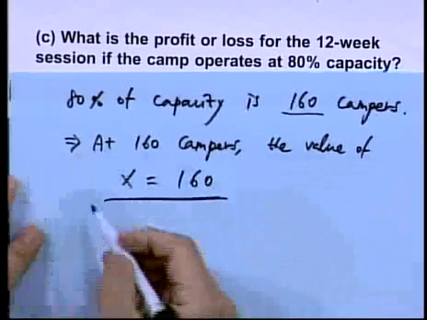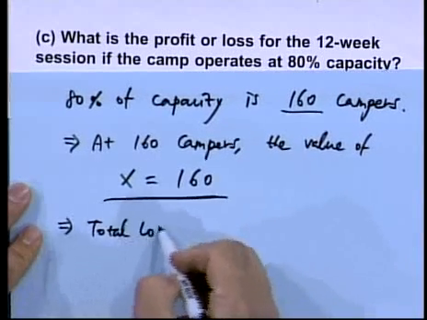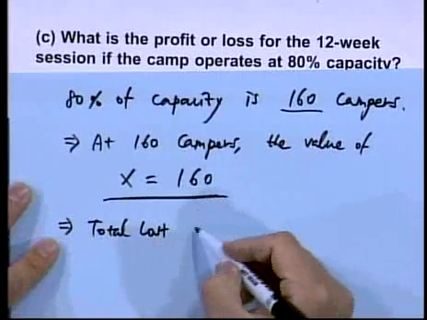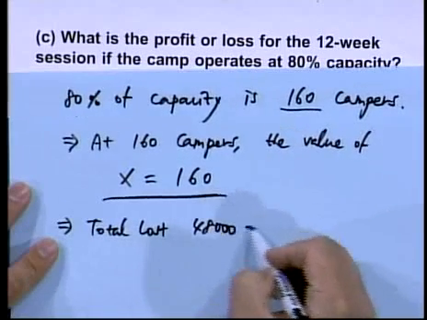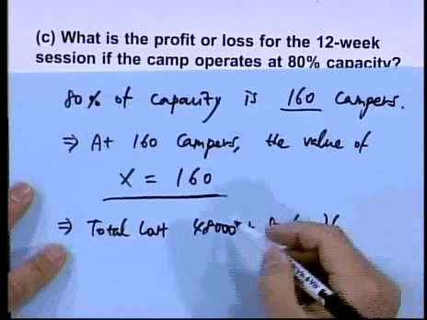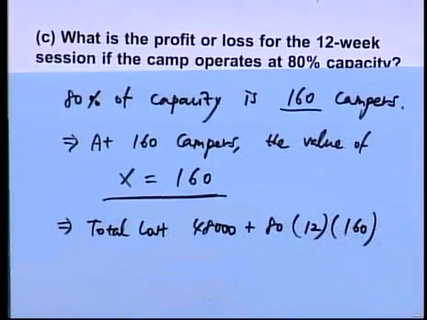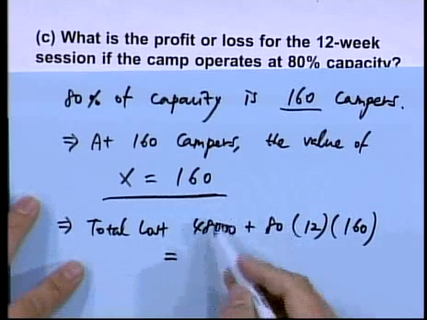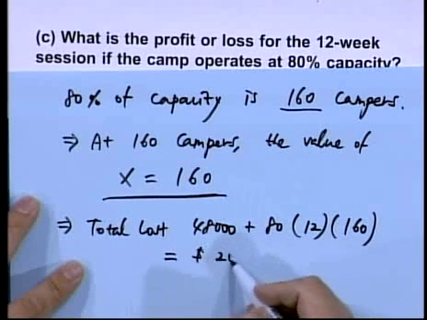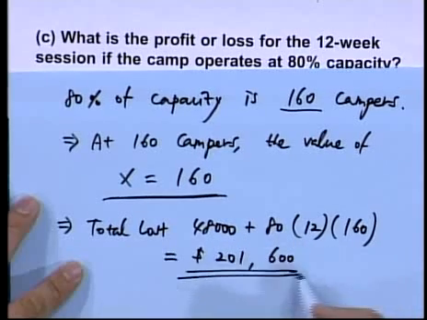So now the total cost is 48,000 plus 80 times 12 times X. X is 160, right? So total cost would be $201,600.